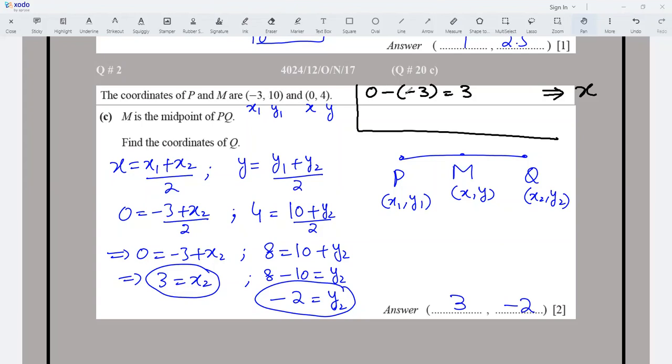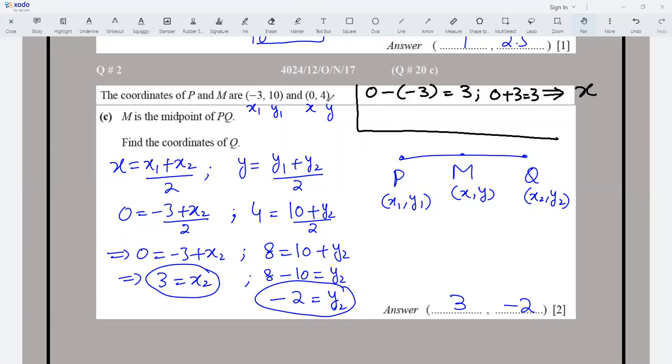Simply add this difference to the x coordinate of the midpoint. We add that 3 to the midpoint, so it becomes 0 plus 3, which is 3. So this is the x coordinate for point Q. This is quite easy and can be done in very few seconds.